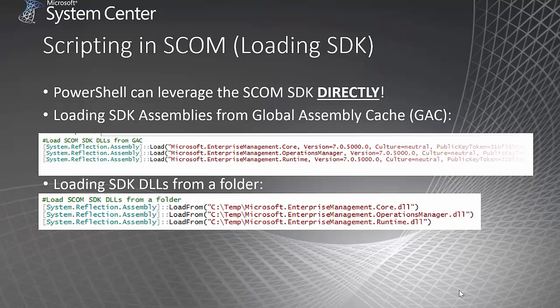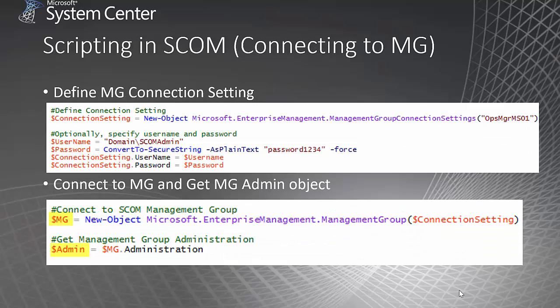So once it's loaded, you should be able to connect to your management group. To connect to your management group, firstly you need to define a connection setting. So you create a connection setting object using one of your management server's names. Optionally, if you want to use alternative credentials to connect to it, you can also specify the username and password to that connection setting.